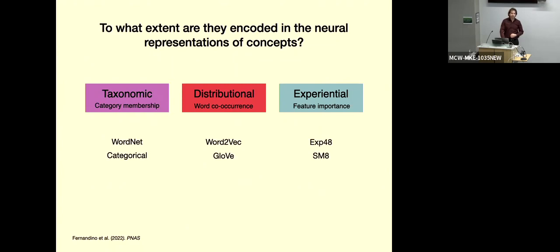The taxonomic and distributional models we used are the most advanced models there are based on those theories. Word2Vec is an algorithm developed by Google, and it's extremely popular. It's what powers Google searches. And GloVe is another algorithm that produces very similar results to Word2Vec.